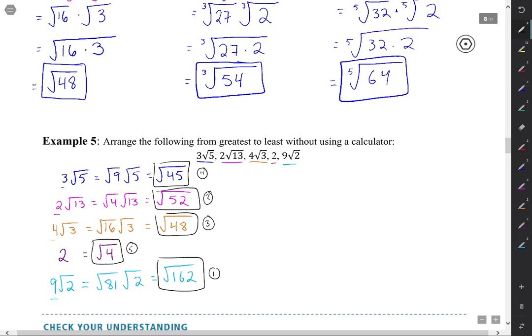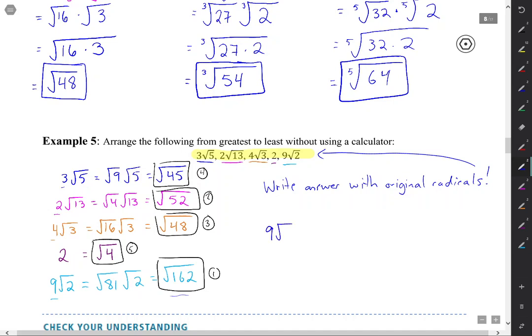When we're listing our answer here, we want to use the original questions given. We want to use these numbers here. So let's put a little side note: write answer with original radicals. And I'll point to these ones here. If we're writing from greatest to least, the first one is this one down here, and the original radical would be 9 root 2.